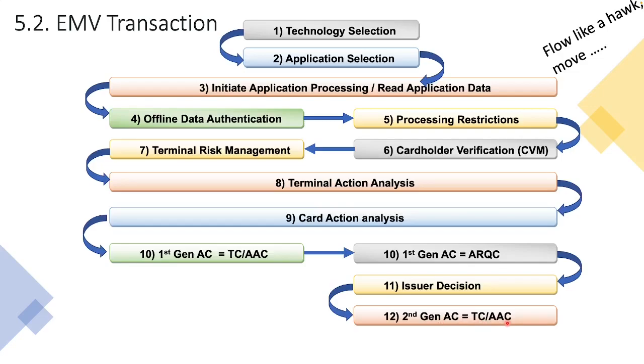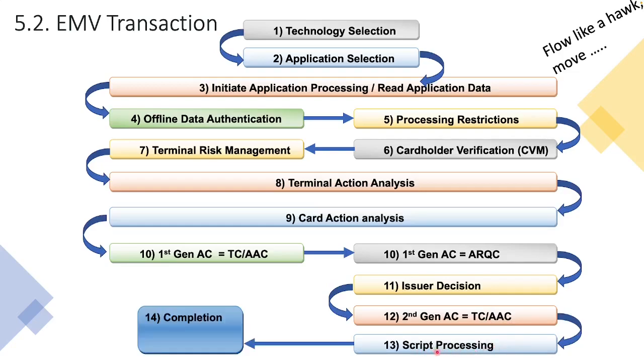Once this is complete, if there are any scripts that have been passed from the issuer host system down to the card, the card will process the scripts, it will apply the scripts, and thereafter we have transaction completion. Okay, and this 14-step flow is basically everything that happens during an EMV transaction.